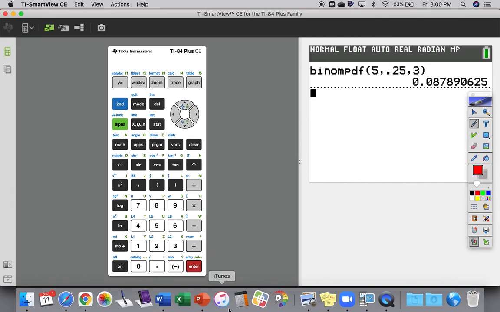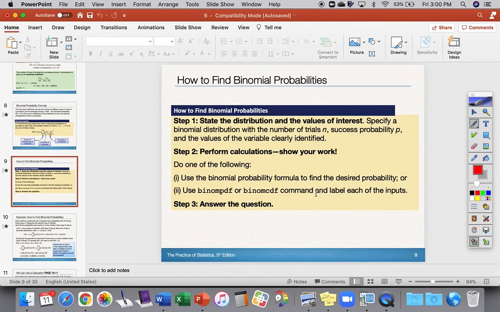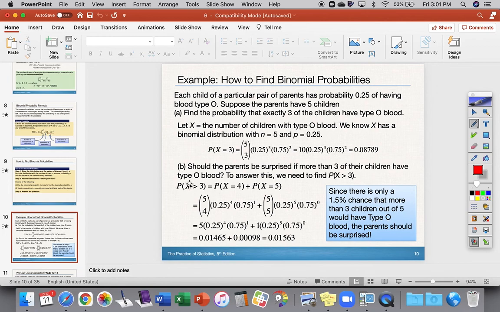Let's go back to the slides and see how it's a little different. So what happens in our next one? Should the parents be surprised if more than 3 of their children have type O blood? Well, now it's not exactly something.